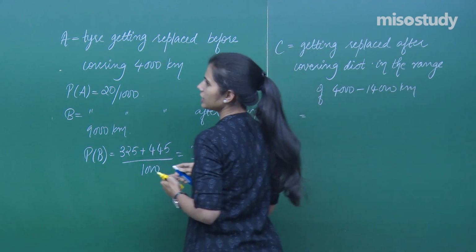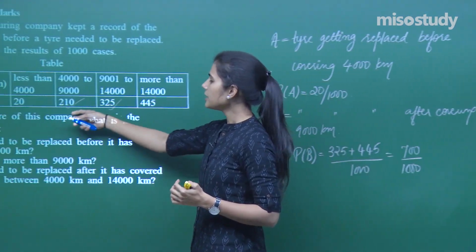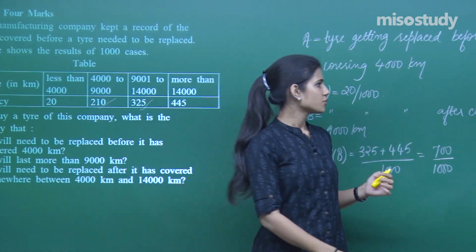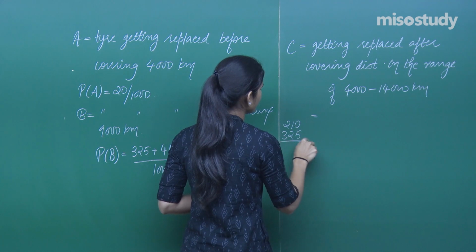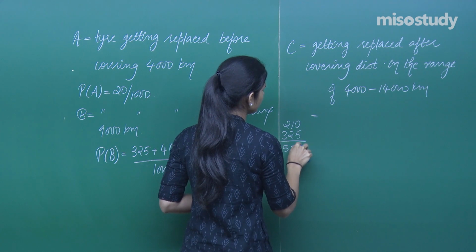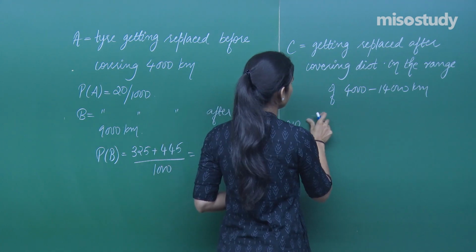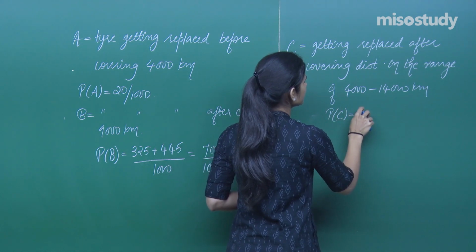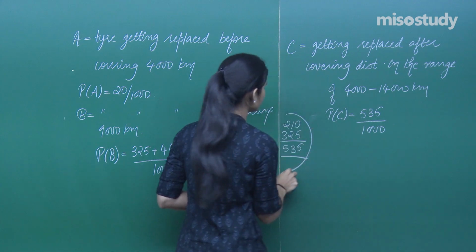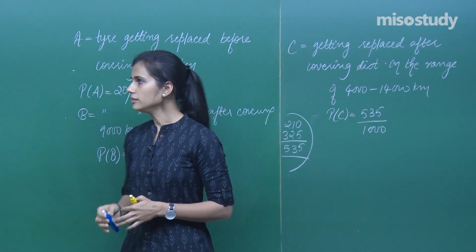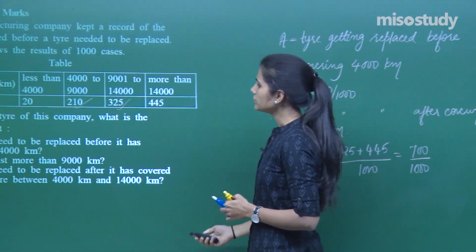How many are favoring event C? 210 plus 325 tires. So you have 210 plus 325 is 535. So you have probability of C is 535 upon 1000. Is it clear? Let's move to the next question.